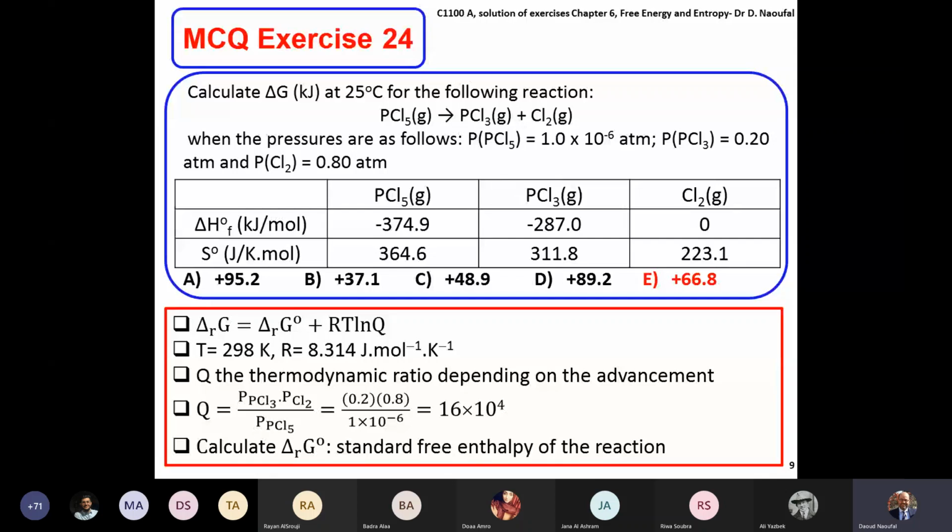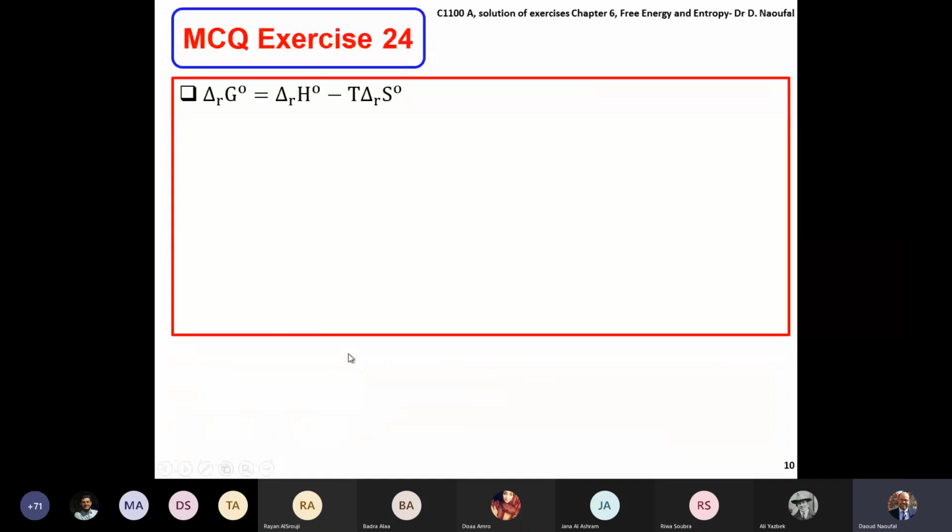Method 3 is to apply the algebraic method. You have given reactions of known delta G, you calculate delta G of the global reaction. But in this case, we don't have reactions given. So we apply method number 2 in the calculation of delta G0 of the reaction.